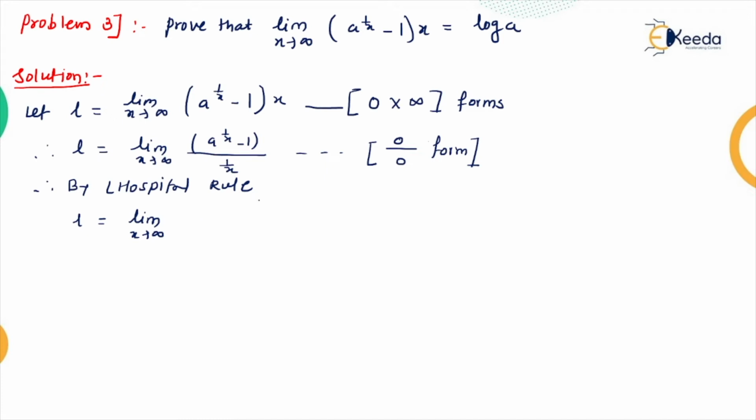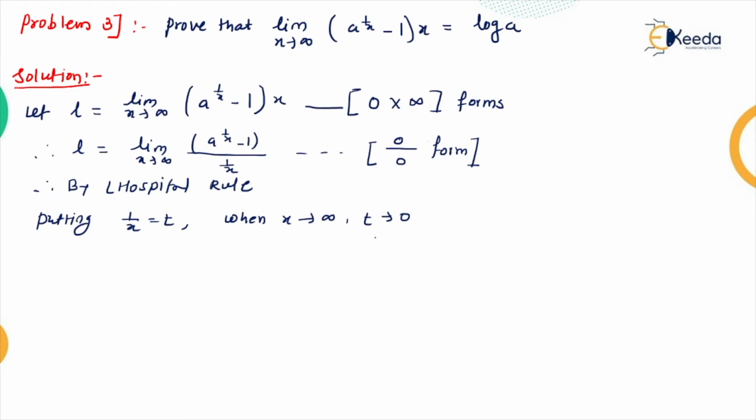We have to take the derivative of numerator and denominator, but before that we make a substitution, because the numerator and denominator are in a little bit complex form. Put 1 by x equal to t. When we replace x by t, the limits also change.